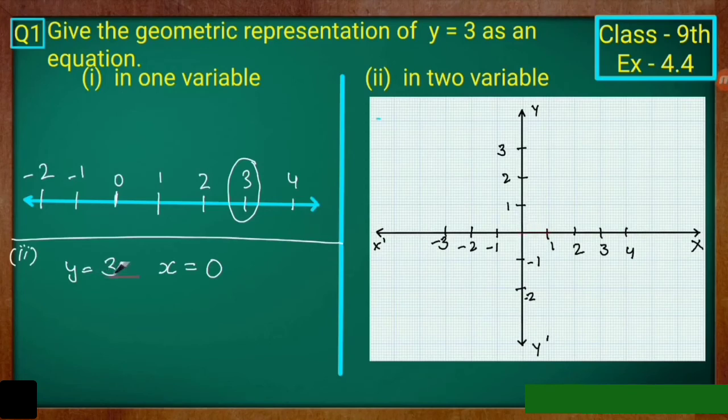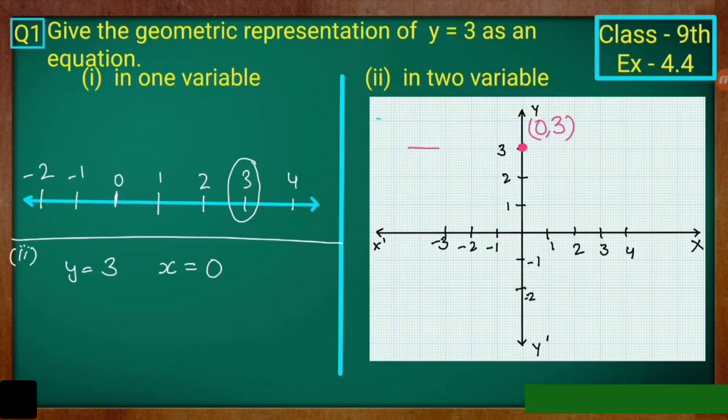This is the origin point. The place where the x-axis and y-axis meet is called the origin point. Now this is the y equal to 3. Draw a line. One coordinate is given to us only, 0 and 3. So draw a line which is parallel to the x-axis.